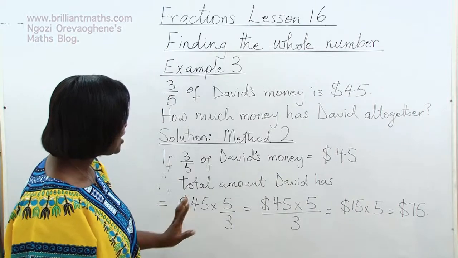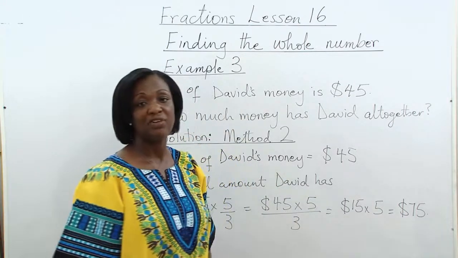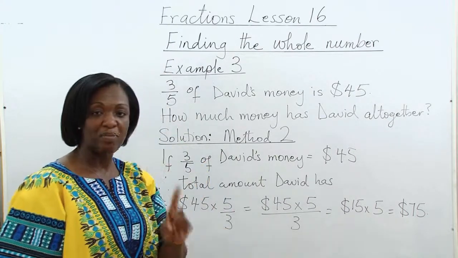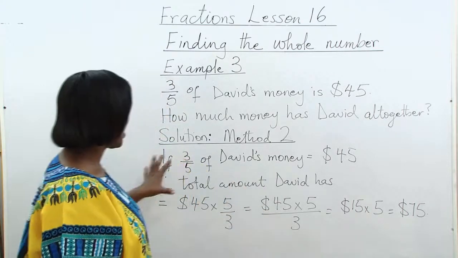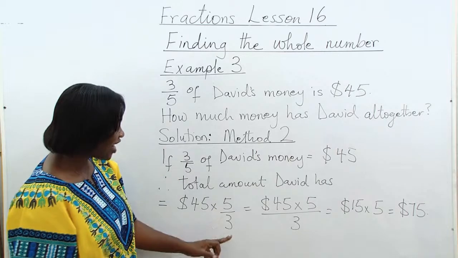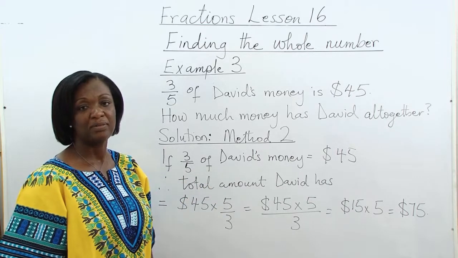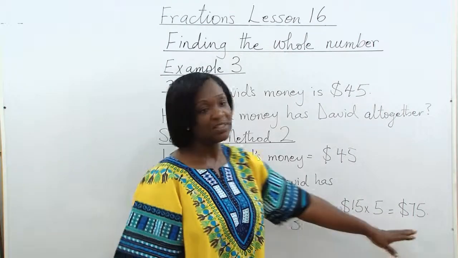So if we divide 45 by 3 and multiply by 5, we'll also get $75. So whatever method you use, whether you find one part before you find the total, or you reciprocate the fraction by dividing by that fraction, you get the same answer. So altogether, David has $75.